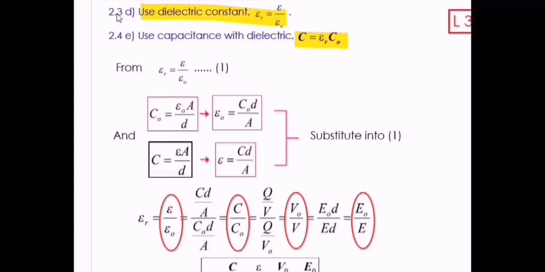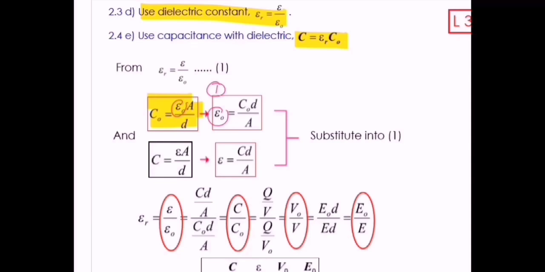It starts from the capacitance equation for the permittivity in air. Then we rearrange it, putting epsilon naught as the subject, and we get the first equation.